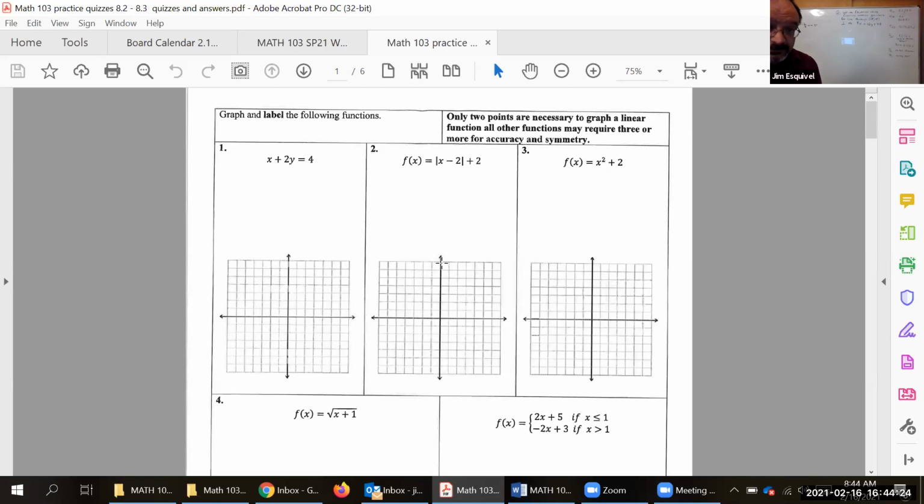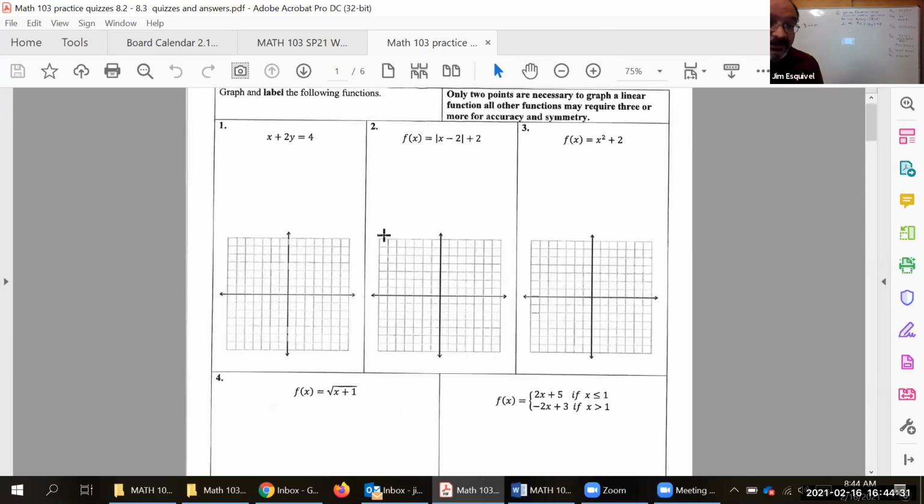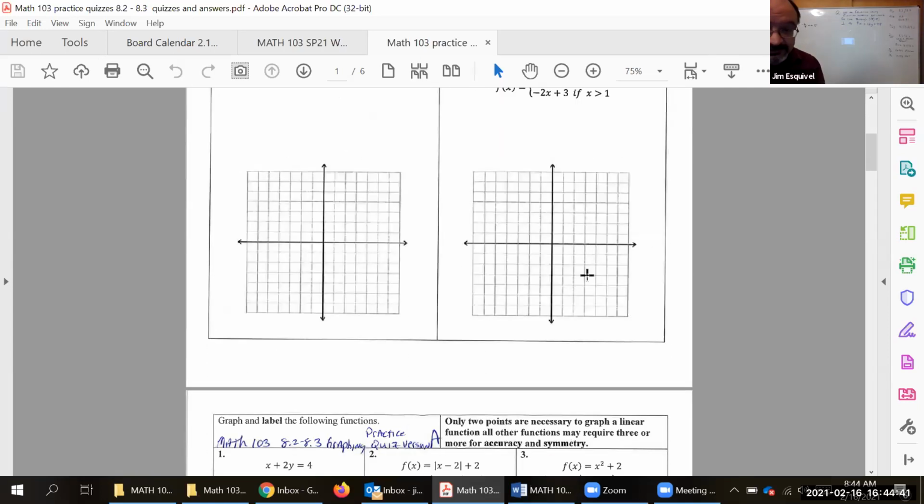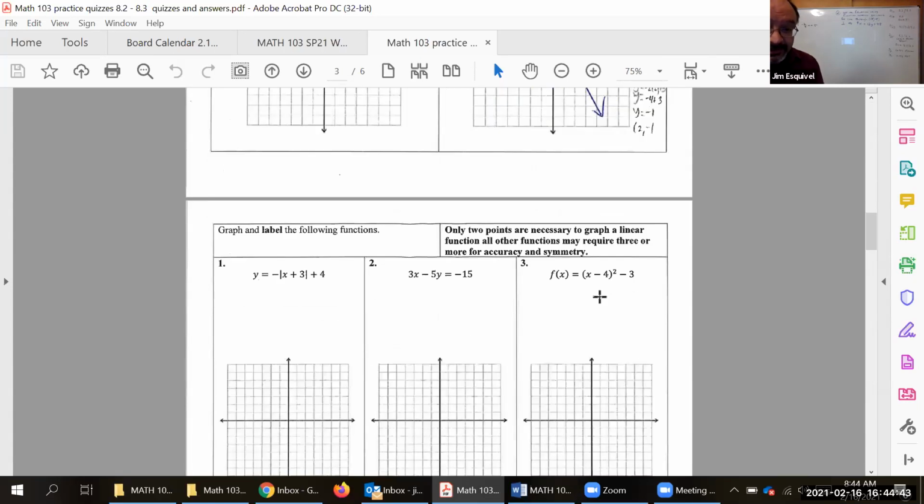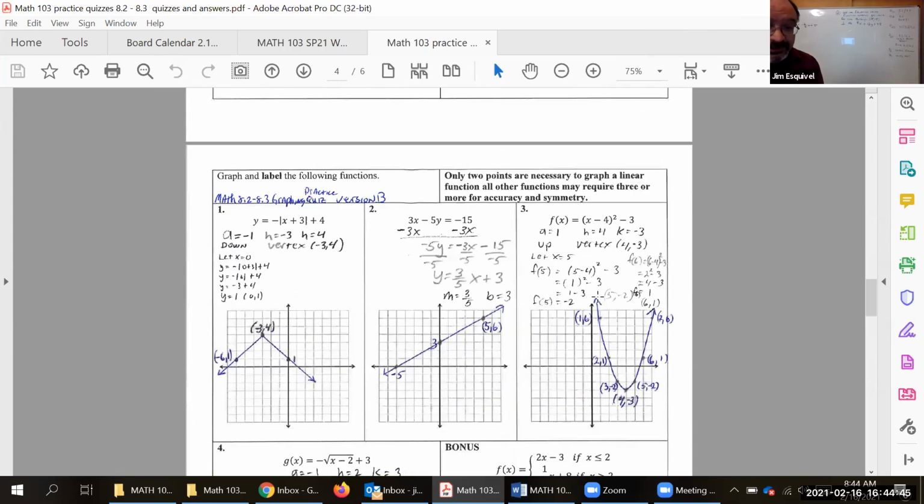So you're going to get this as an attachment when you get the YouTube link today in the email. And again, this is exactly what your quiz looks like. Now the problems will be scrambled. Maybe the first one is the absolute value and the third one is the line and the second one is the parabola, it's all scrambled up. But they come with the solutions, so you know exactly what it should look like.